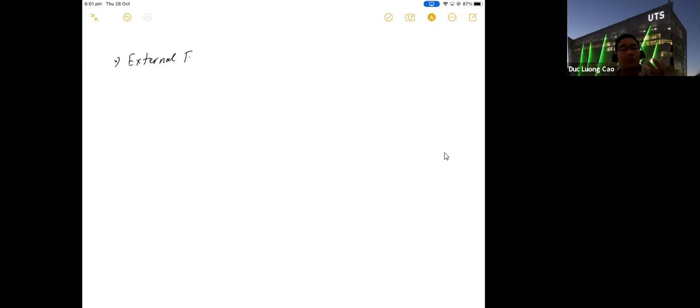External flow is Lab 2, and as I remember, you have to submit the lab report on Friday. So external flow, for example, you have an object like this.